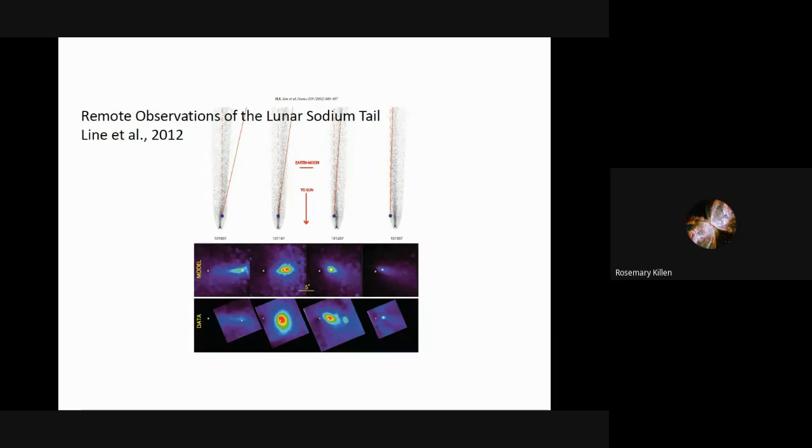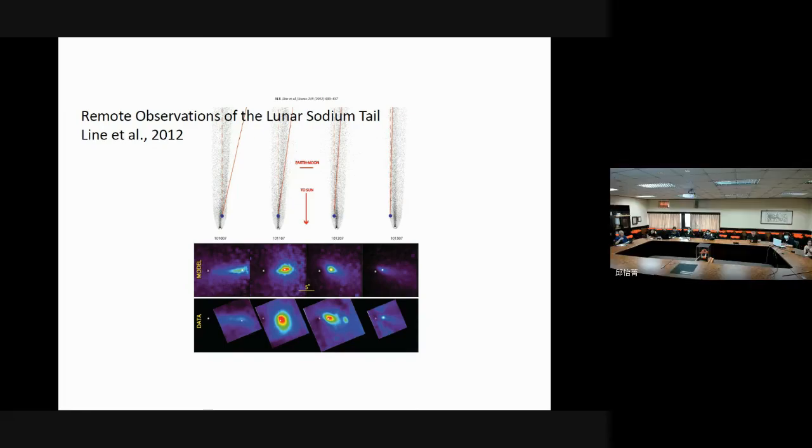So next slide. Okay, so I wanted to show these. These are some interesting observations. The Mendillo group was actually looking at sodium in the Earth's metal layer, and this is where the meteor ablation begins in the Earth's atmosphere, and so the meteoritic metals have their peak up here at about 80 kilometers height from the surface of the Earth. And they were looking at the metal layer in the Earth's atmosphere, and they saw these peaks in sodium, and they said, what are we looking at?